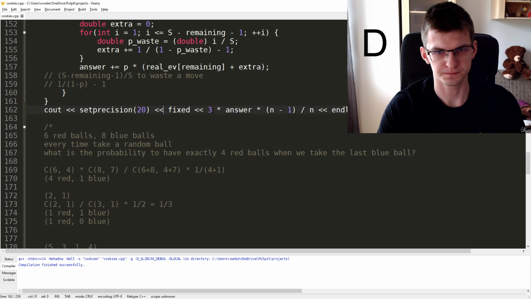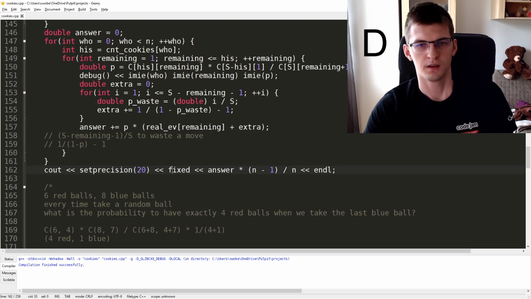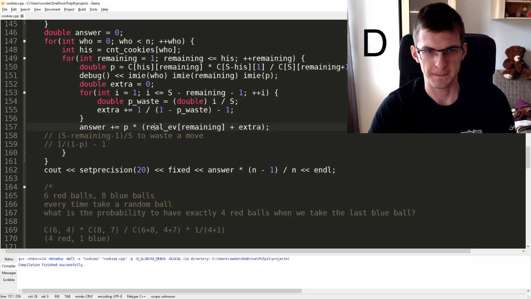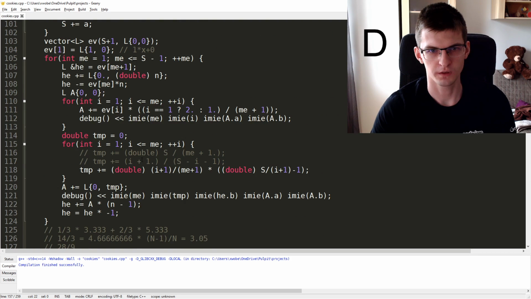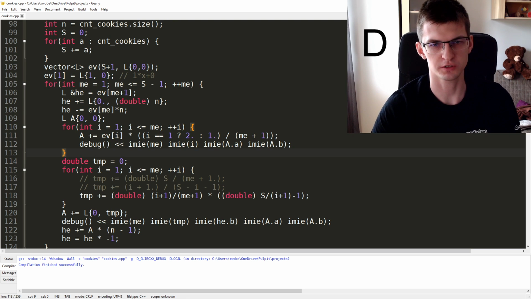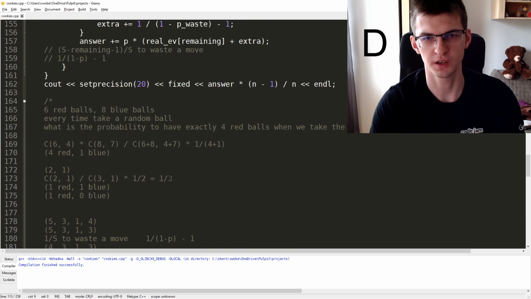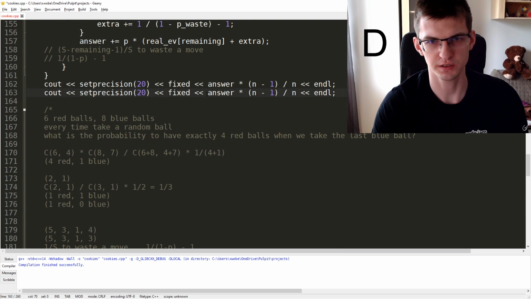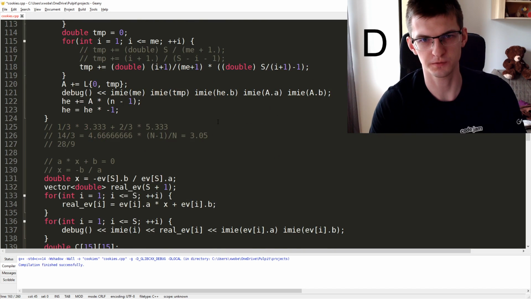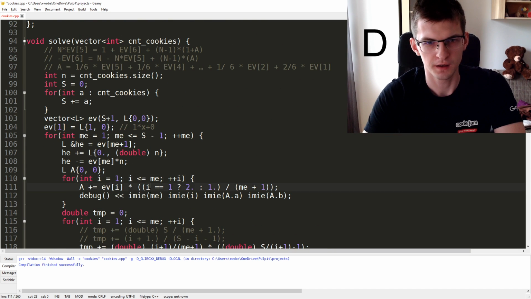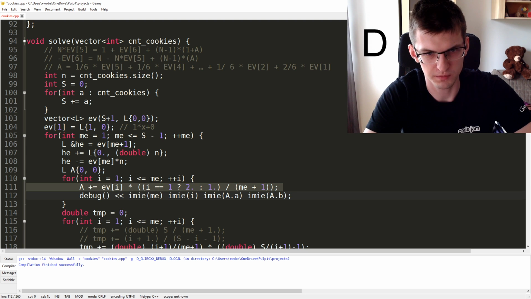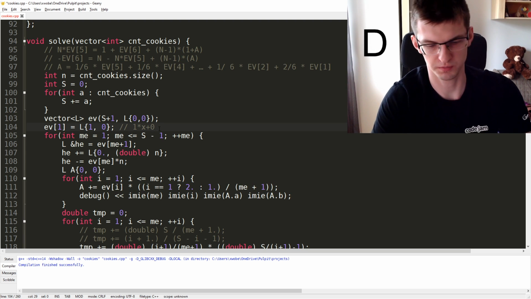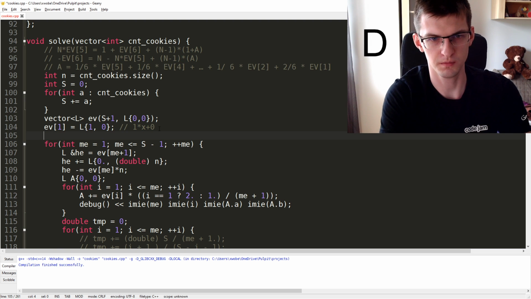Now, let's get rid of that. First part. Let's try to slowly get rid of some for loops. Every time I will print this and this multiplied by 3. EV of i, we have prefix sum up to i. So let's keep track of that sum.